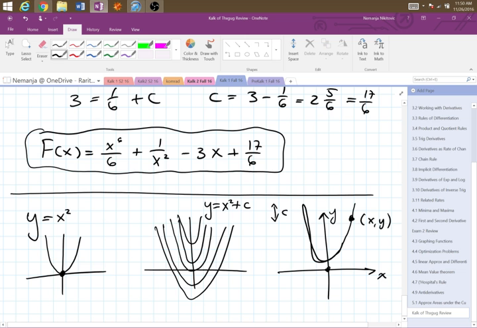But there are infinitely many of them. As soon as this extra point is given to you, you are able to compute that c. And that c is simply a shift up or down, depending on where the point is. This will be extremely important for your differential equations course, for those of you going there. Right now, obviously you have a problem on a test about this, and if you go to Calc 2, you'll use it again.